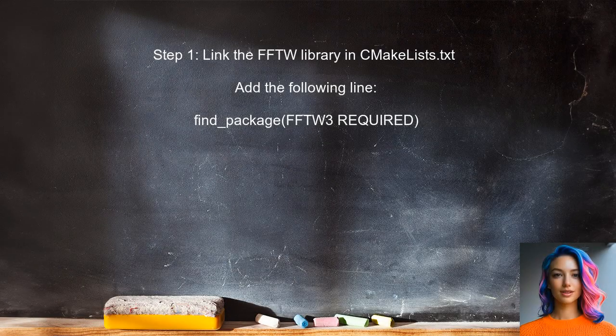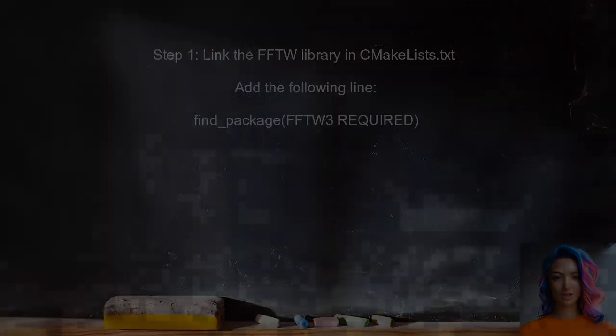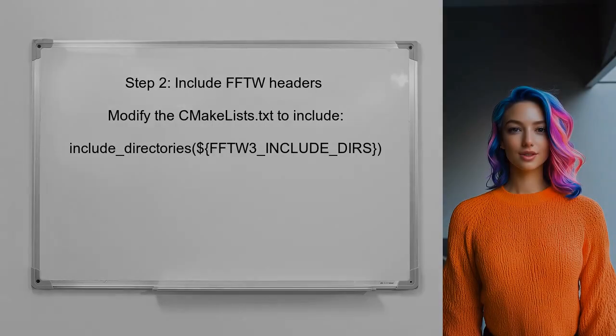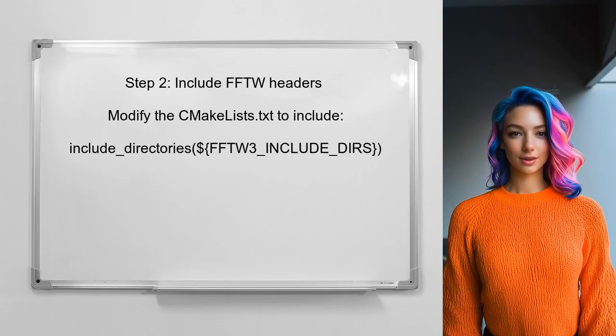To resolve the issue with CMake and the FFTW library, the user should first ensure that the FFTW library is correctly linked in the CMakeLists.txt file. This involves specifying the library using the find_package command. Next, the user needs to include the FFTW headers in their project. This can be done by modifying the include directories in the CMakeLists.txt file.